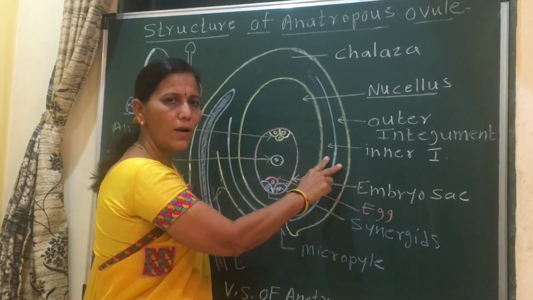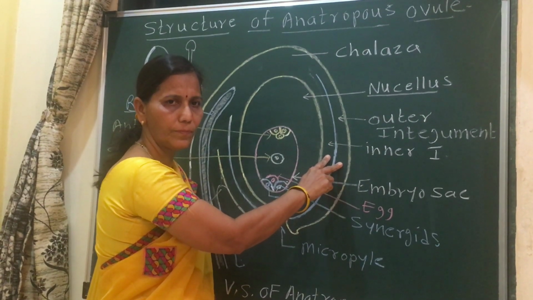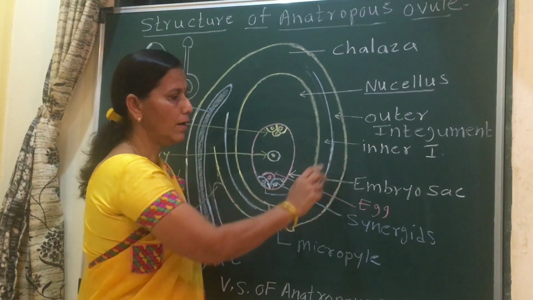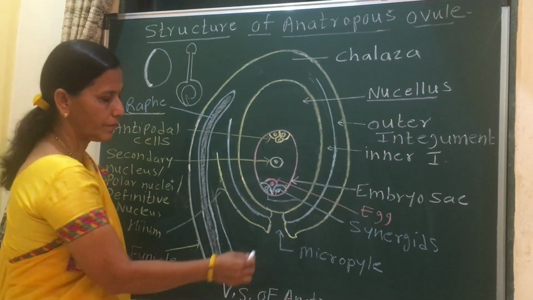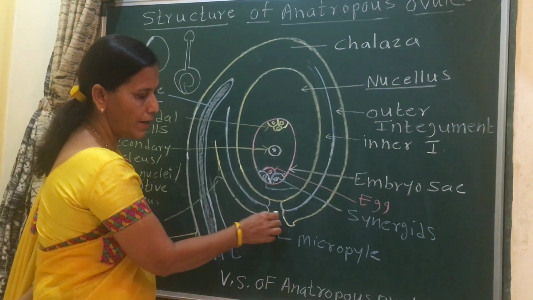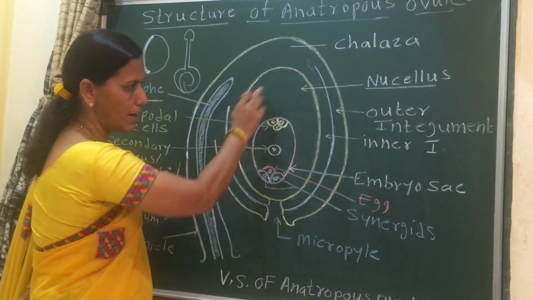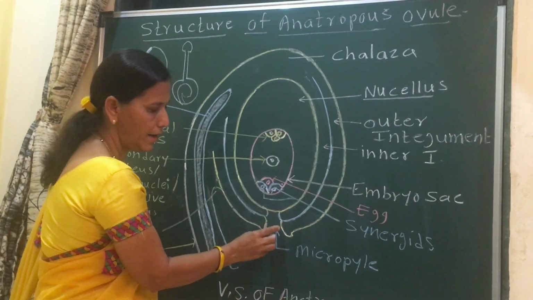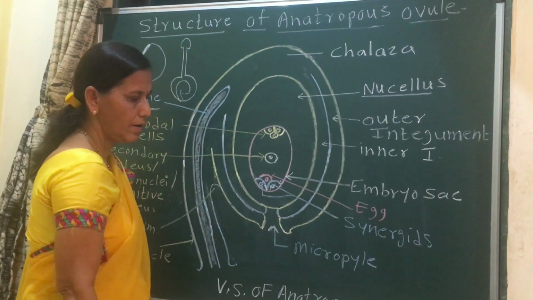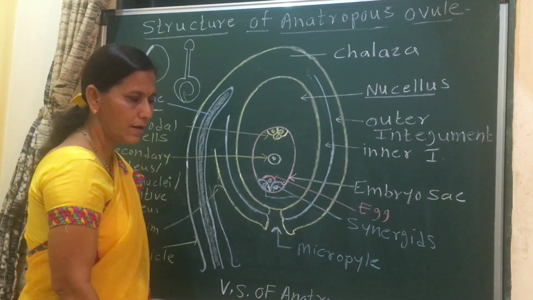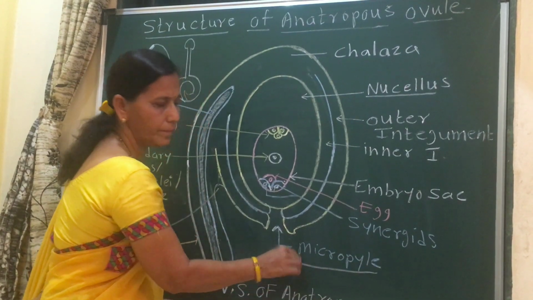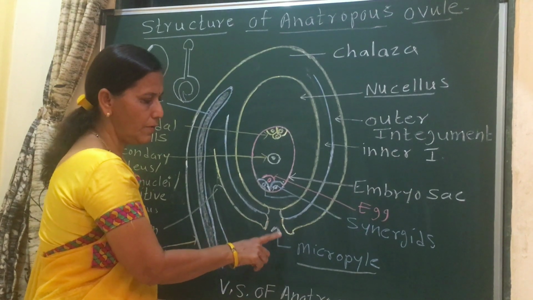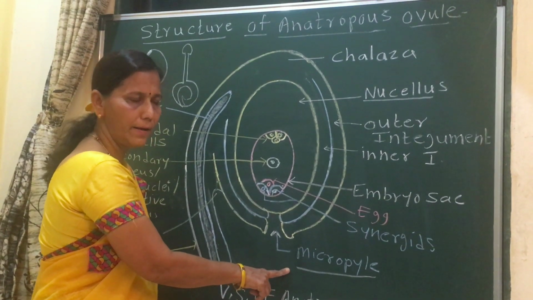And such ovule is called as bitegmic ovule. Two integuments are present, hence it is called as bitegmic. Then this integument does not cover this nucellus completely. Here a gap, a small aperture is there, called as micropyle.